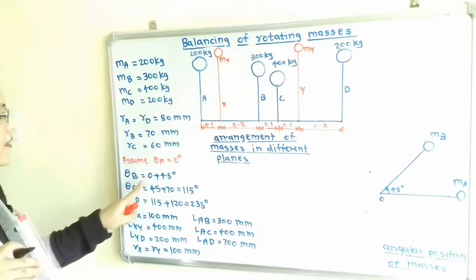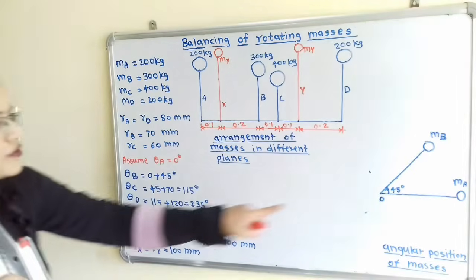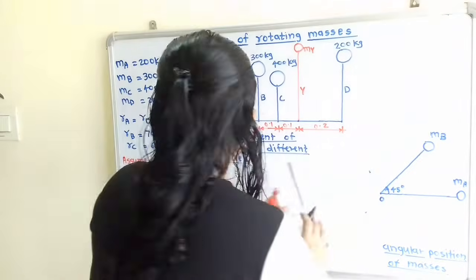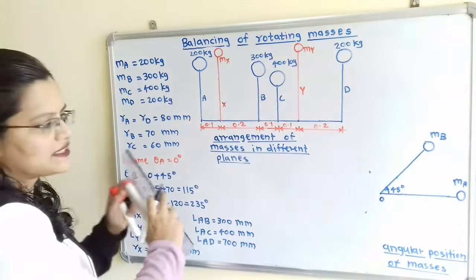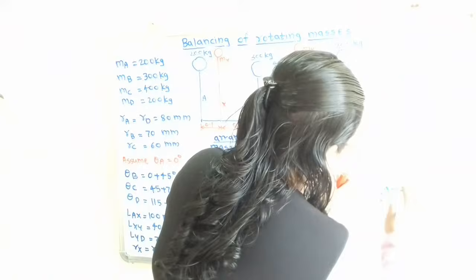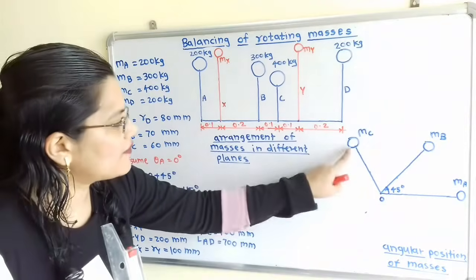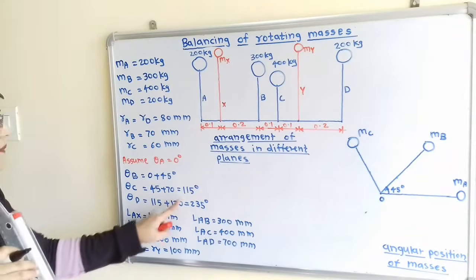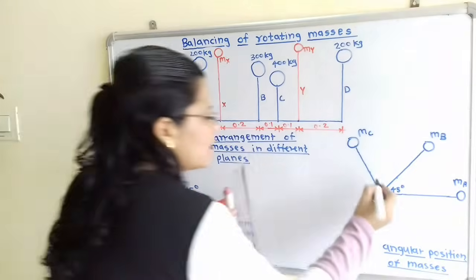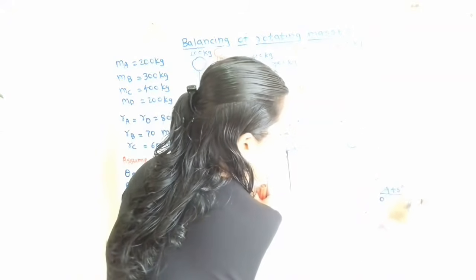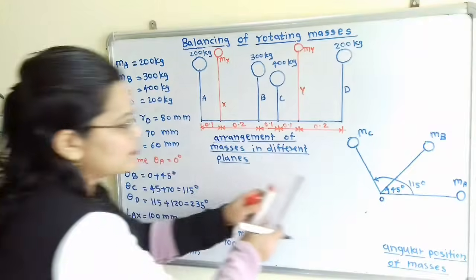Now next is C. In between B and C the angle is given. So from A, what is the total angle? 45 plus 70, that is 115. So this is the line at 115. RC is 60 millimeter, so we have to take a distance of 6 centimeter and we will join here. So here is MC. Now we will move to the next, theta D. It is given with respect to C. After C the angle is 120, but before, theta C is equal to 115 from A. So 115 plus 120, that is 235.